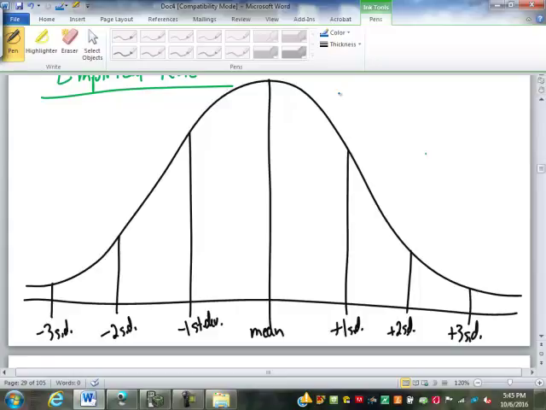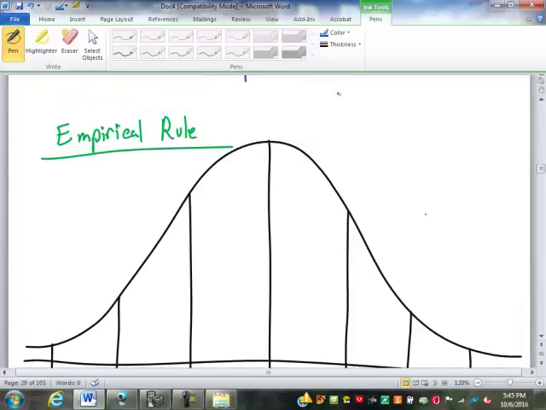What does this mean? Well, first of all, let's identify those values down there. Each data set will have a mean and a standard deviation. So let's say that the data set we're looking at is test scores on our next test.